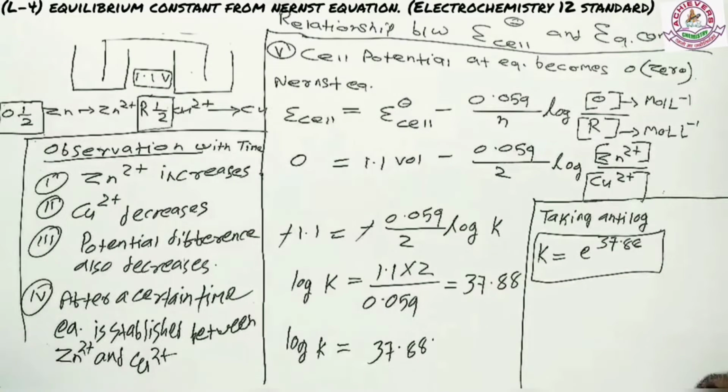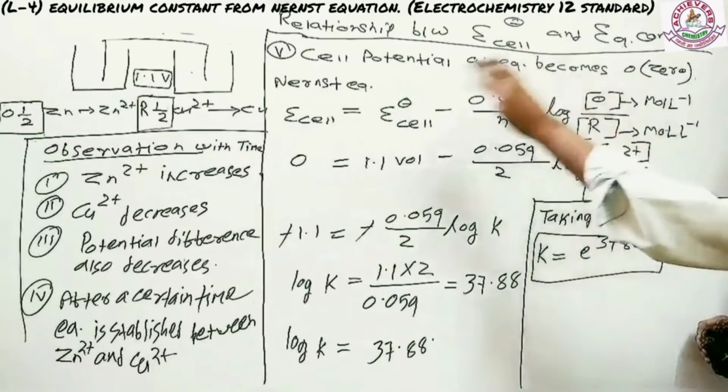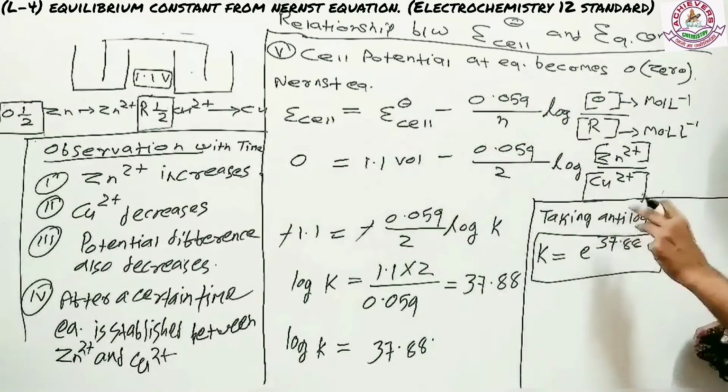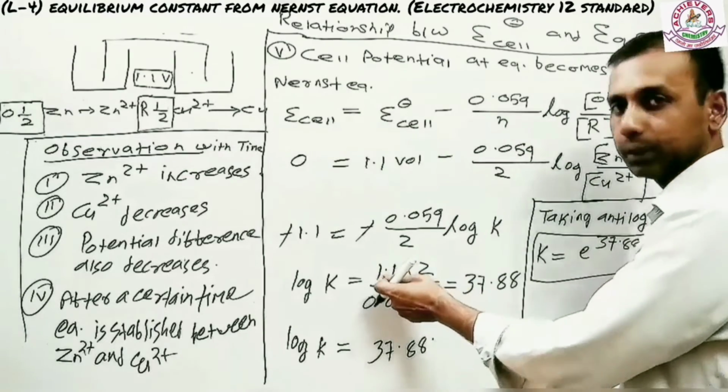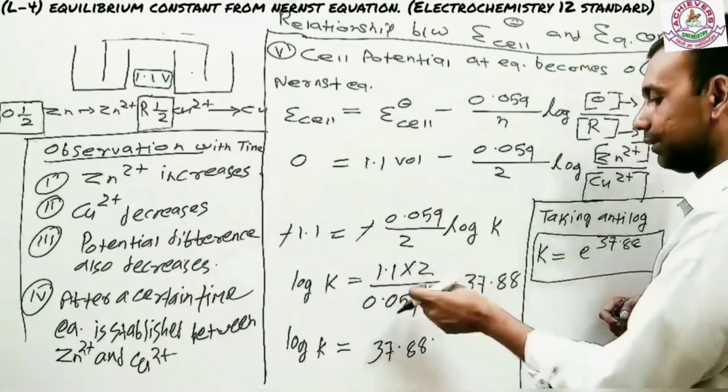But one thing is still not done. What is the general equation we can use for K? Because this was for the zinc and copper cell. But for a different cell, this particular value is going to be something else. This will be something else, and this will be something else also. This might remain the same.